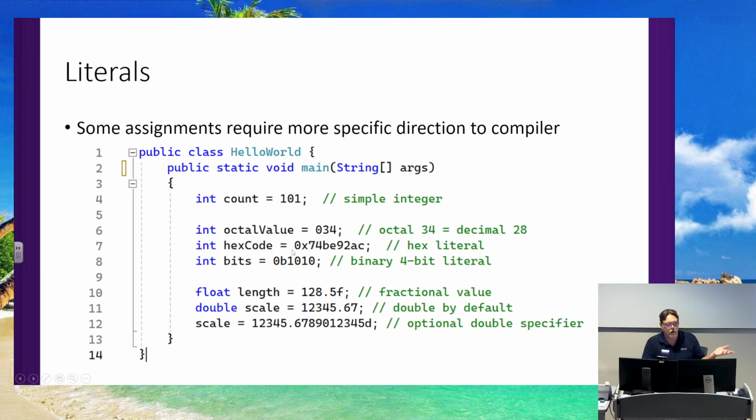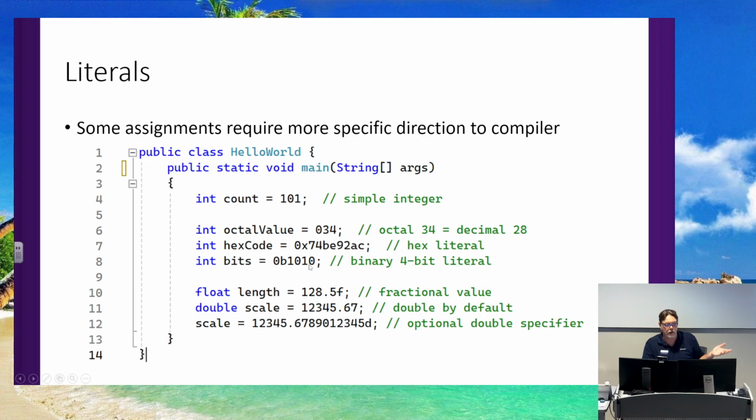Oh, and before I go on, if you want to define a hexadecimal literal, you just start it with 0x. And that tells the compiler what follows is going to be hexadecimal literal values. And notice that you can use the letters A through F to represent 10 through 15 in hexadecimal. And with bits, same thing.